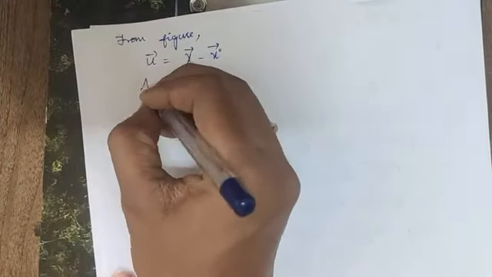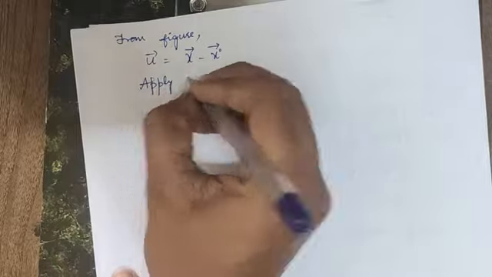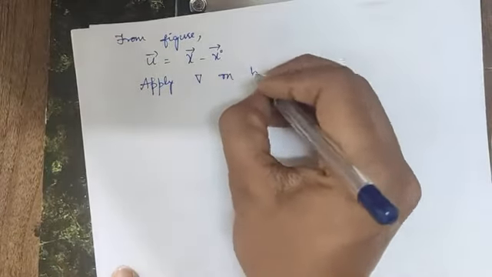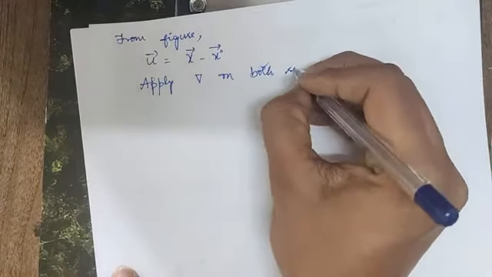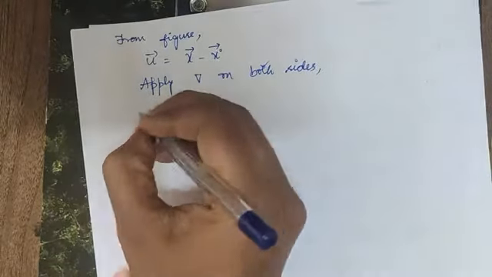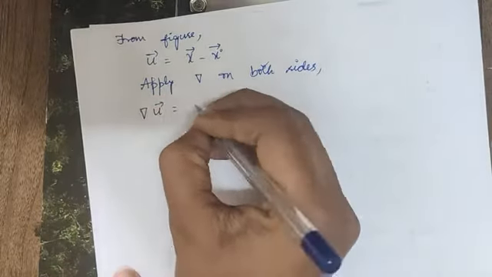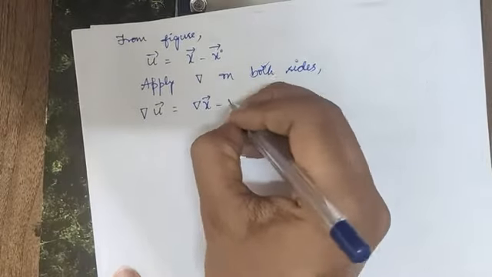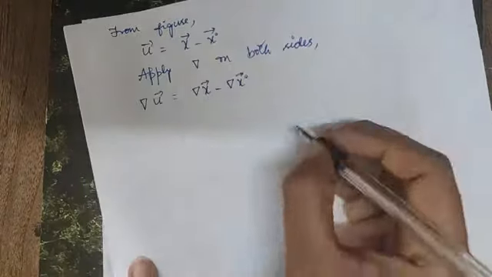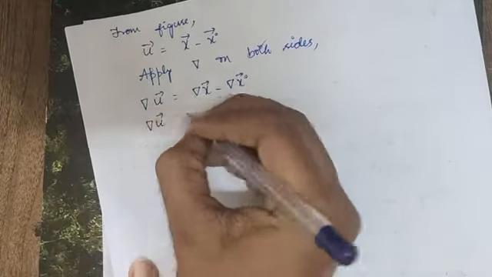So now apply del on both sides. You will get del u is equal to del x minus del x naught. I will write del u as it is.